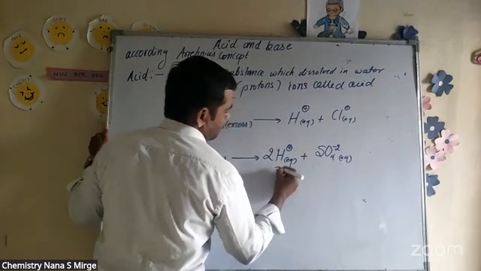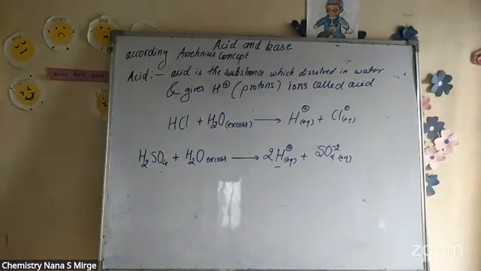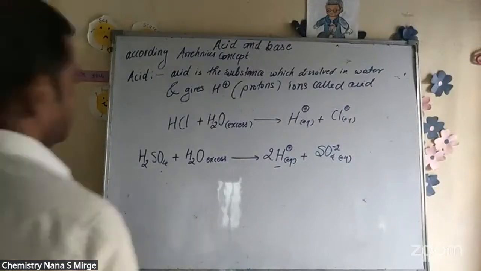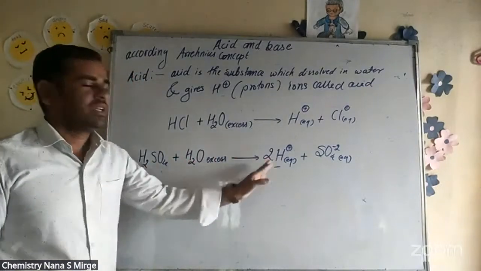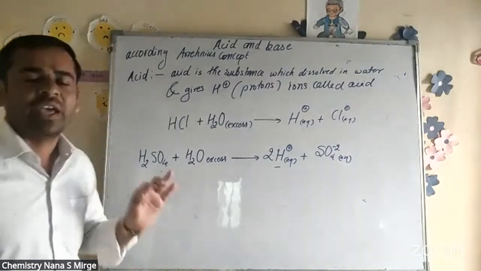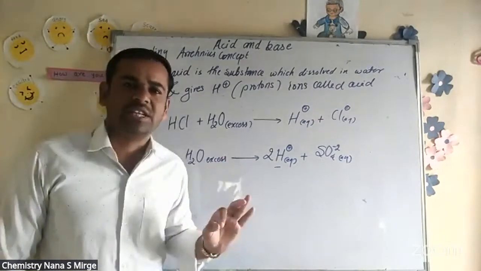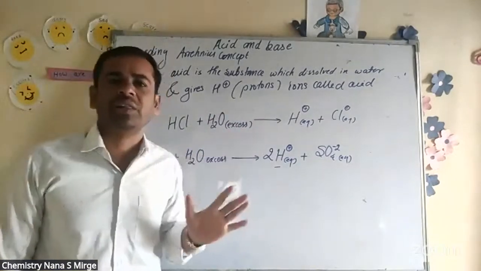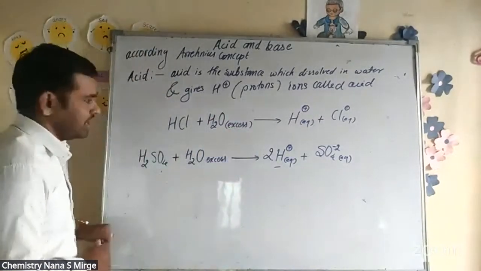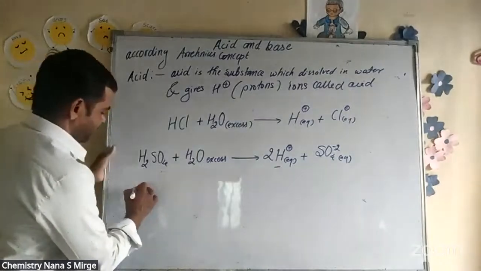It gives H plus ion two times, that means it is again an acid. The substance H2SO4 which dissolves in water gives H plus ion, so again it is called acid, and this sulfuric acid is called the king of chemicals.